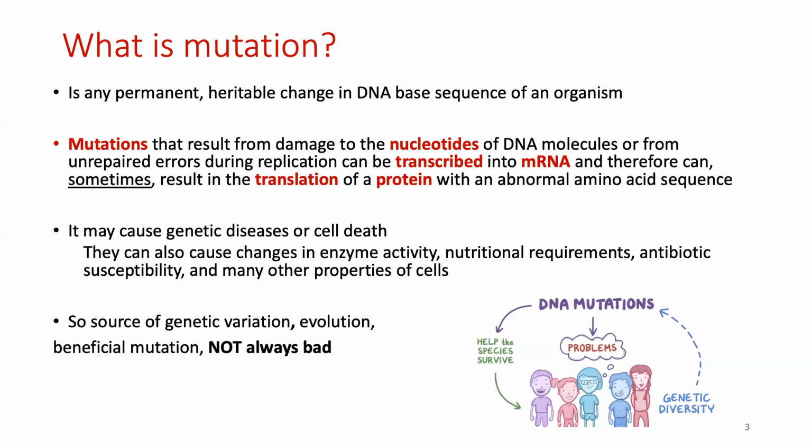Then that mRNA sometimes results in the translation of a protein with abnormal amino acid sequence. You can see the word sometimes there, because there are some types of mutation or nucleotide change that would not have any effect on the protein. An example is silent mutation that we will cover later on.